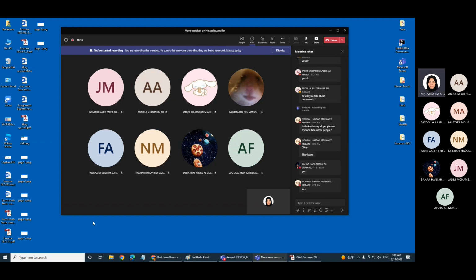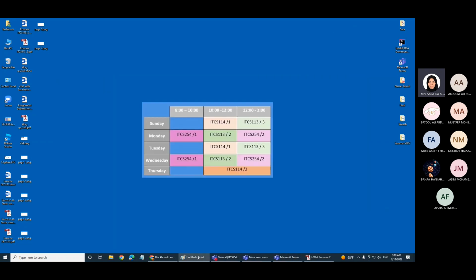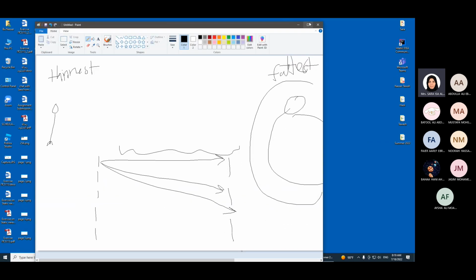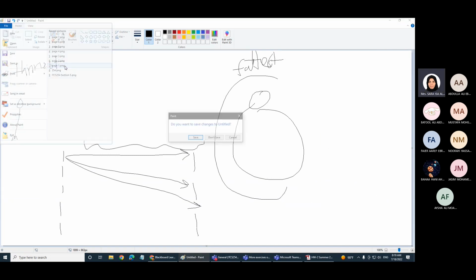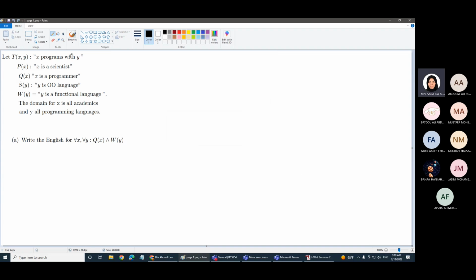Actually, I took a very old test, I think from 2017, something like that. Just to get the idea. This is a question that said: let T(x,y) mean x programs with y.